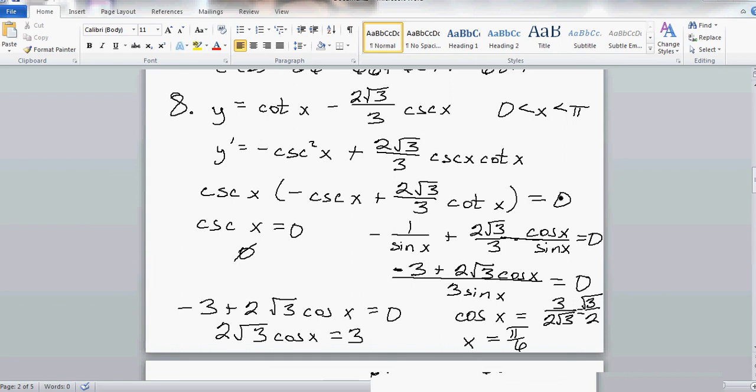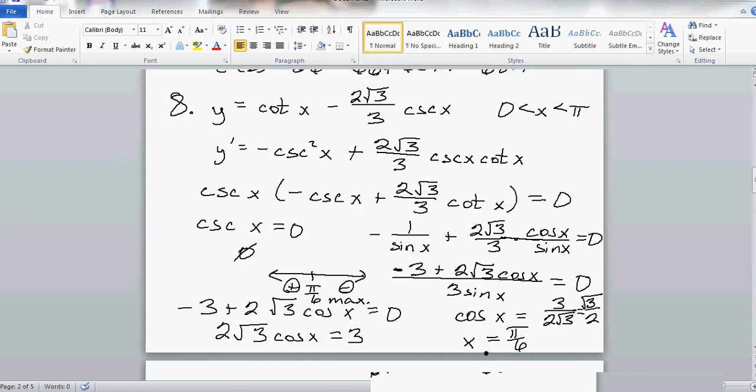Basically, pi over 6 is our cutoff. 0 doesn't work as a test value, but if we plug in a value down here, we get positive and we get negative. So this is indeed a maximum, which is what we're asking for. I'm not spending the time to go through that. This is what we did last week and the week before. You just need to make it a point to do that.